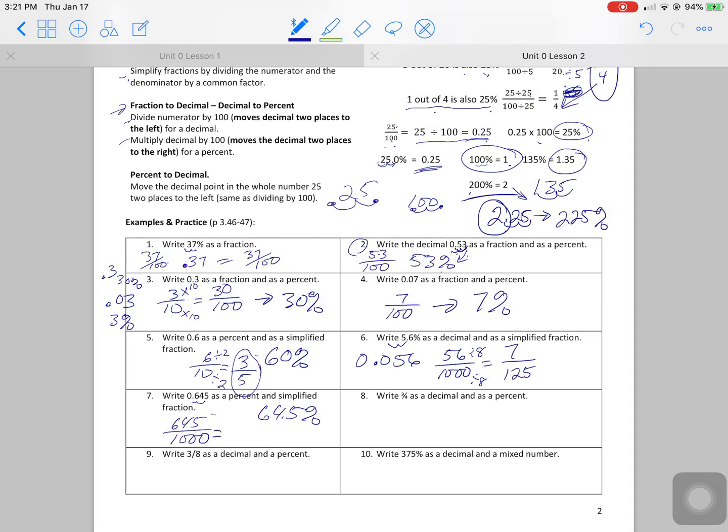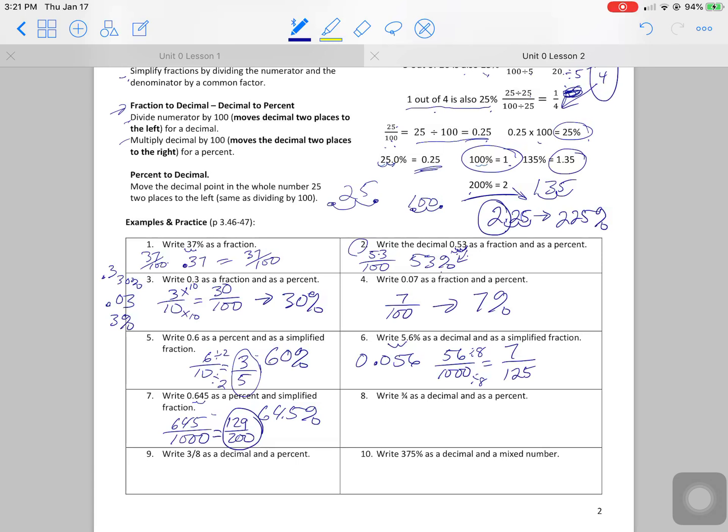Okay. Clearly that is divisible by at least 5. If I divide it by 5, put it in my calculator, try the 5, I get 129/200. Now those are still pretty big numbers, but 129 is not even, and they don't end in a 0 or 5, so 5 doesn't go in. So that's done. That's as small, believe it or not, as that gets.